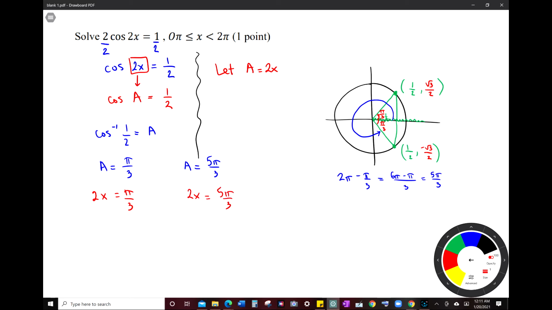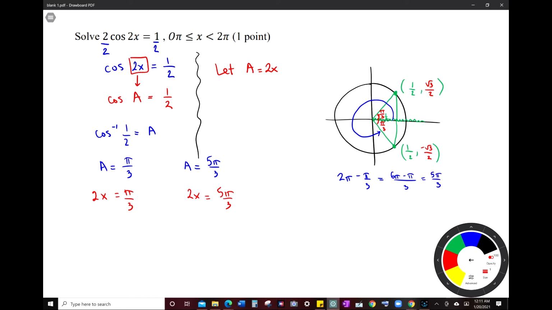Before you divide by 2, think about it: when you divide by 2, your answer will be cut in half. So to make sure that we get all the solutions within 0 and 2 pi, you need to do one more rotation for the solutions. What does that mean?